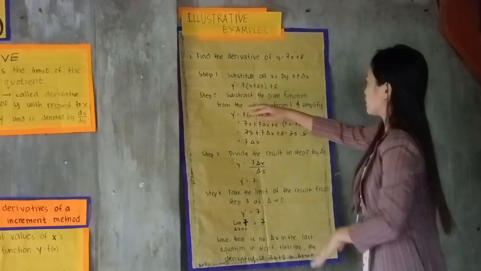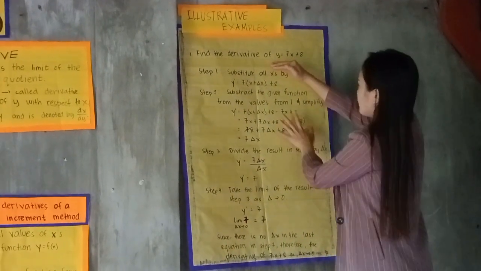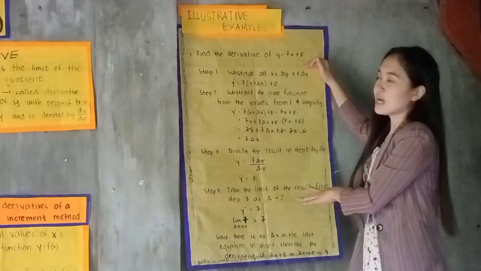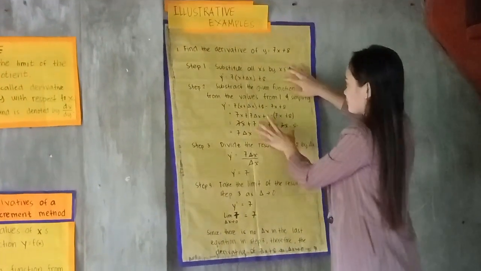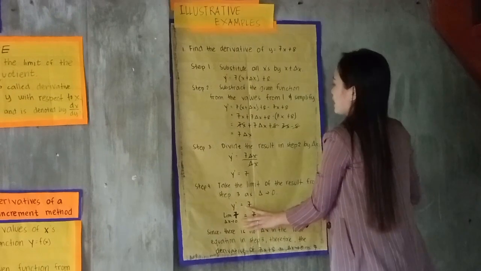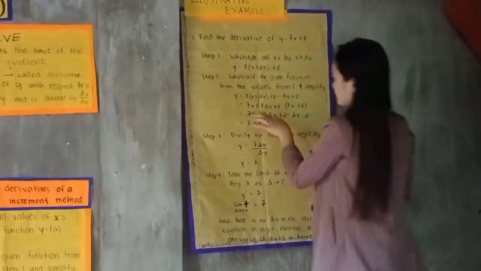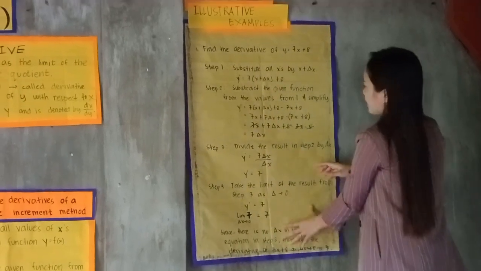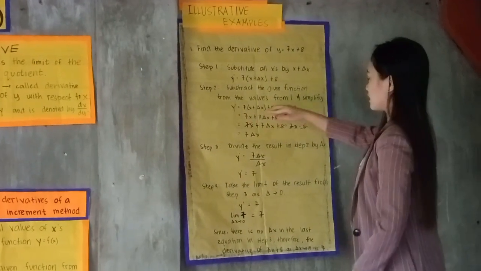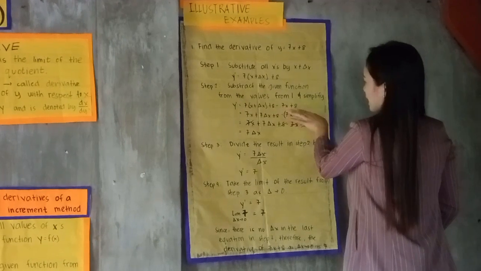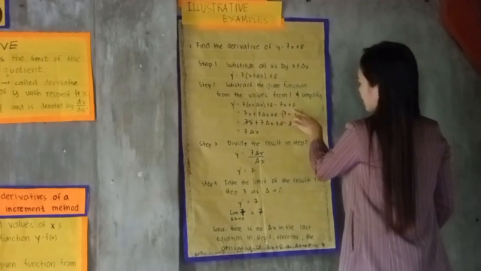Ang given function, or in other words, the original function, kailangan natin siya i-subtract after natin i-apply yung step 1. So, ito na yung nangyayari. Dito, inilagay natin sa pinaka-last yung original function.